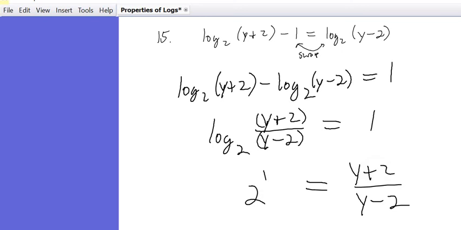How about cross multiply? 2 to the first is really just 2 over 1, right? So when I cross multiply, I'm going to have 2y minus 4 equals y plus 2. Now solve. Subtract y, so y minus 4 equals 2. Add 4 to both sides. y equals 6.